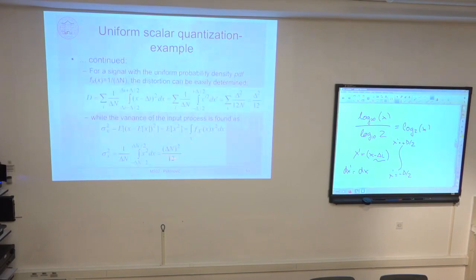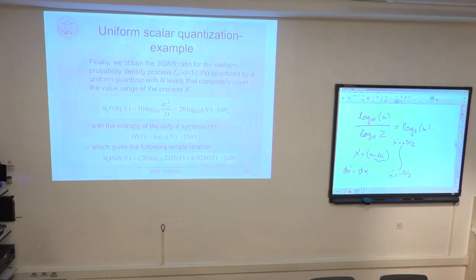After substituting this pair of values into this expression, what I get is simply 20 times logarithm 10 of n. Very trivial expression. So this 20 comes due to this squared. If you extract this squared value in front of the logarithm, it is 2 times logarithm. Okay, so it is 2 times 10, 20 times logarithm 10 of n. So this is the distortion if the quantizer has n levels.